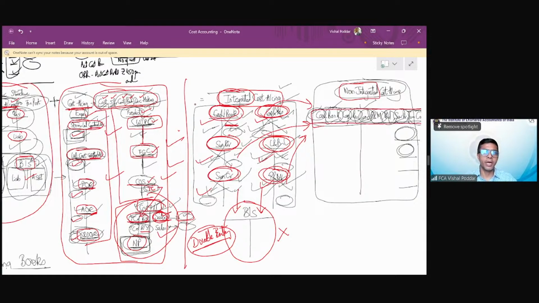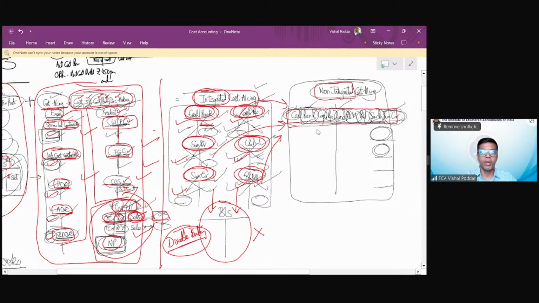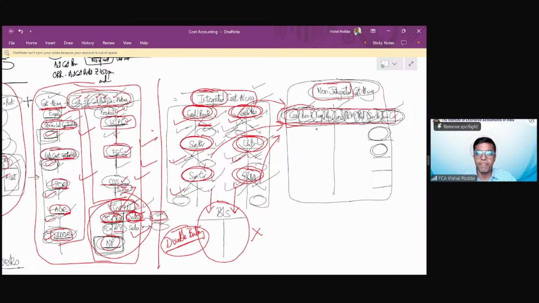For satisfying that requirement, and since I do not want integrated, I want non-integrated, just to satisfy the requirement of double entry, I will open one account which will be a common account for all these assets and liabilities that I need, like cash, bank, capital, reserve, land, building, plant, machinery, sundry debtors, sundry creditors. Whatever assets and liabilities I need, I will prepare one account which will be the common account representing all assets and liabilities.